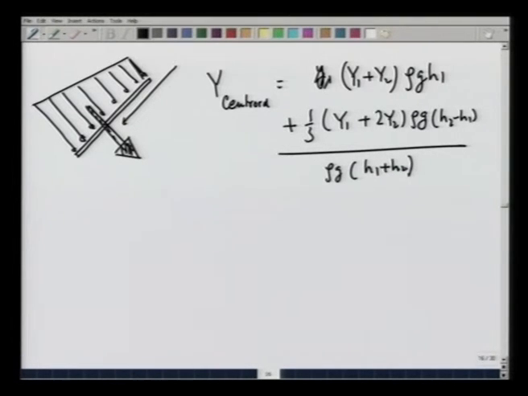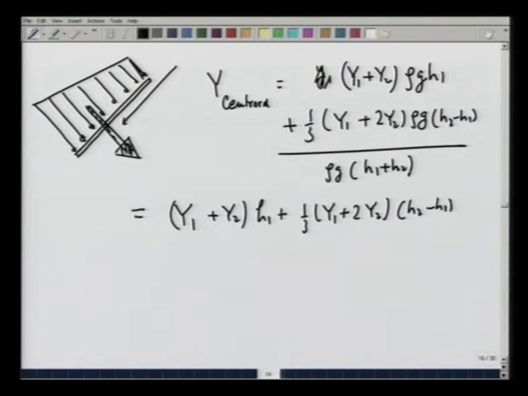You work it out and this comes out to be Y1 plus Y2 times h1 plus 1/3 (Y1 plus 2 Y2)(h2 minus h1), divided by h1 plus h2. That is the distance measured along the sheet.